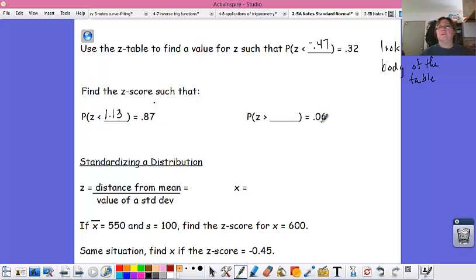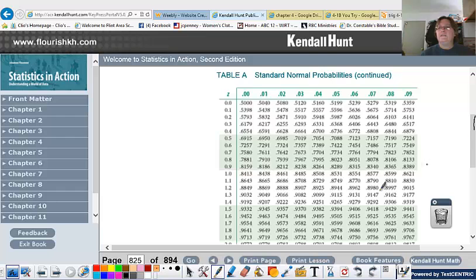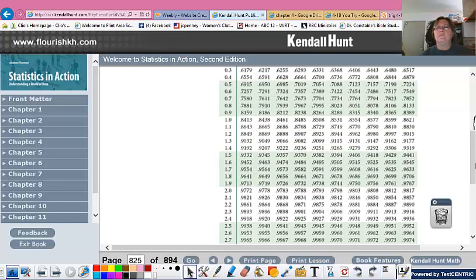Now we want to get 0.06, and we want to be bigger than that. So in order to be bigger, since our table only shows us smaller, we're going to have to find 0.06 up here. That means that 0.94 is unshaded. We need the z-score that traps that 0.94. It's right in between those two. I'm going to go with the smaller of the two.